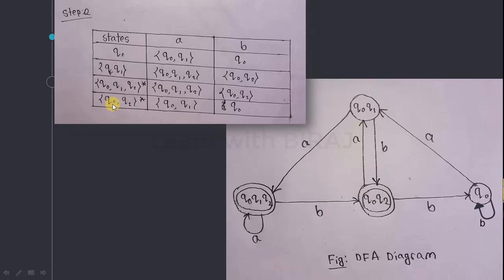The final state is Q0, Q2. Q0, Q2 with A input goes to Q0, Q1, and with B input it goes to Q0. And this is our final DFA diagram.